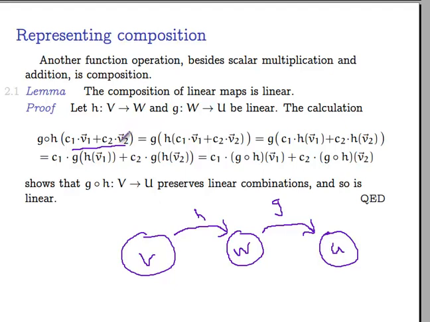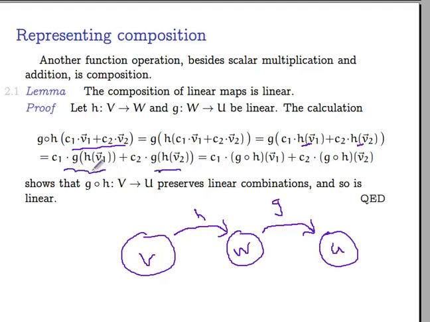Let's follow the intermediate steps. Well, you're unpeeling in two different steps. First of all, you know that G composed H is the same as G of H. And we can apply linearity of H to take H of this linear combination as a linear combination of the H's. Now we have G of a linear combination, and since G is linear, we can take the linear combination outside.